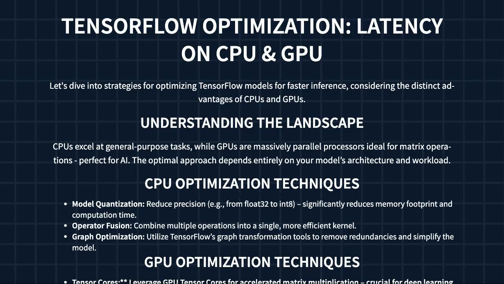So, how do we get the most out of each one? Well, on the CPU side, we can use techniques like reducing the precision of our numbers, combining operations into single steps, and generally streamlining the model structure. Then, with GPU, we want to take advantage of those special tensor cores that accelerate matrix math, process multiple inputs at once through batching, and make sure we're not constantly moving data back and forth between the CPU and GPU, because that's a major slowdown.